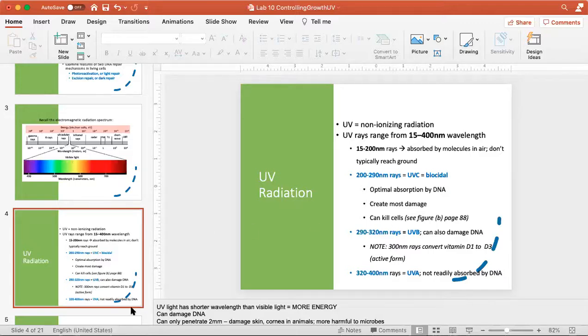Now, one of the most important things to know about ultraviolet is this. Because of its relatively long wavelength compared to other penetrating forms of radiation, ultraviolet has a huge limitation. It's only able to penetrate about 2 millimeters deep.